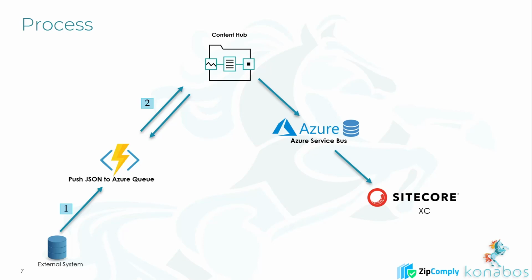In this case, it's Sitecore Commerce, and that system will do a call back to Content Hub and pull the value for the product, update itself, and then at some point that gets pushed onto the front end website. So we'll take a look at how we did this.